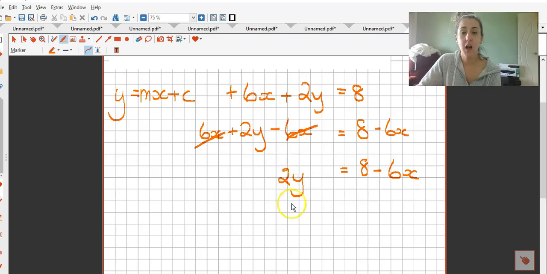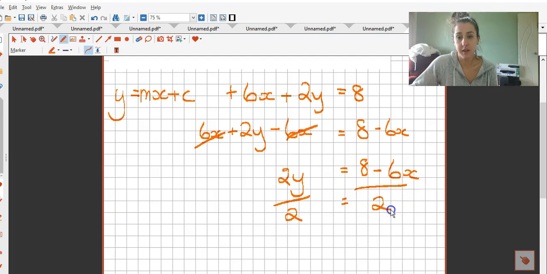Now, I've still got 2y here, so it's not a y on its own. It's 2 times y is equal to 8 minus 6x. Because this is multiplied, I need to divide by 2, equals 8 minus 6x divided by 2.